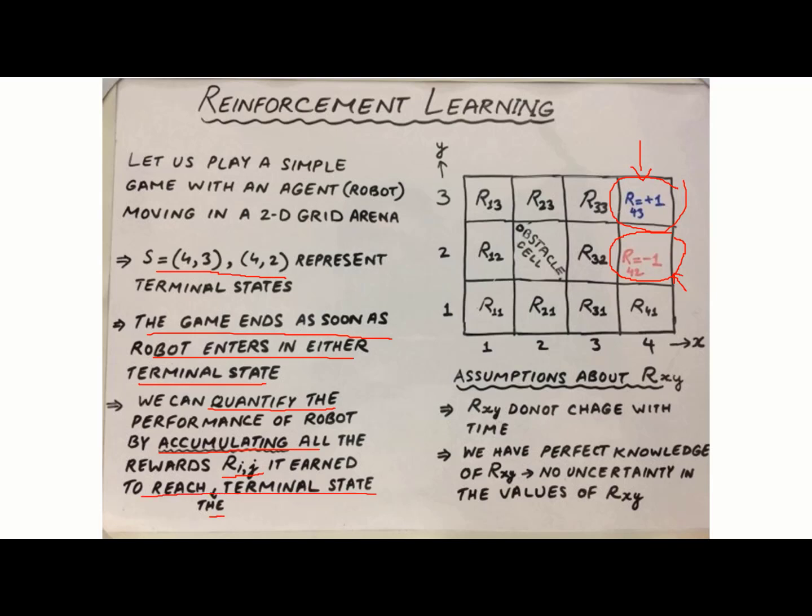So for instance, if a robot starts here in state 1, 1 and it follows a certain path to reach this terminal state represented by 4, 3, then we would like to add up all the rewards that the robot has earned in R11, R12, R13, R23 and R33. So all of them are going to add up, and that would be the net reward.